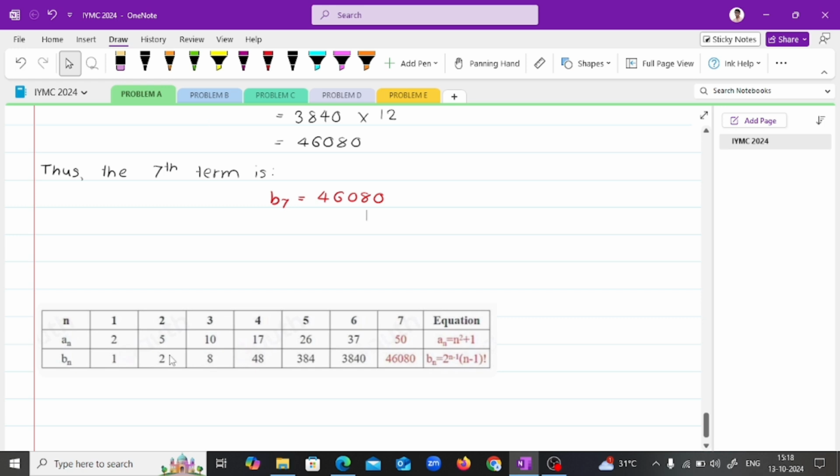In the previous video, I have already explained how to calculate the seventh term of the sequence An, and we have also found the equation for the first sequence. And now in this video we have calculated the formula for calculating the n-th term of the second sequence, that is Bn, and the seventh term of this sequence, B7.